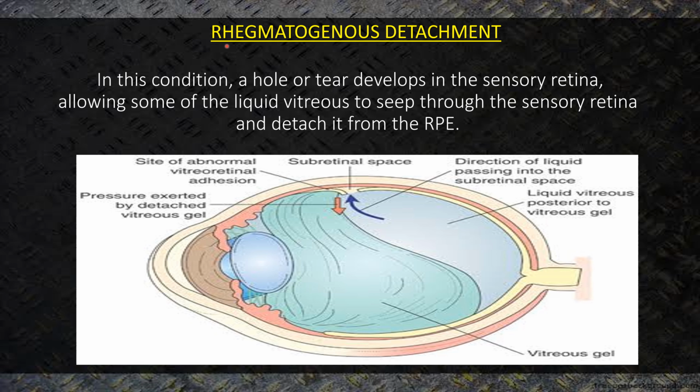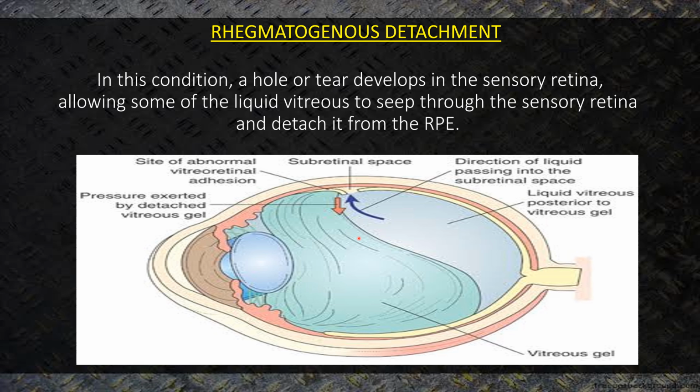Because of a hole or tear which has developed due to various disease conditions, the liquid vitreous will come inside between your retina and choroid, which will lead to further tear and further accumulation of fluid, which will lead to the detachment of your retina. This type of detachment, where there is a hole, a tear, and the vitreous fluid has gone inside, is called rhegmatogenous detachment.